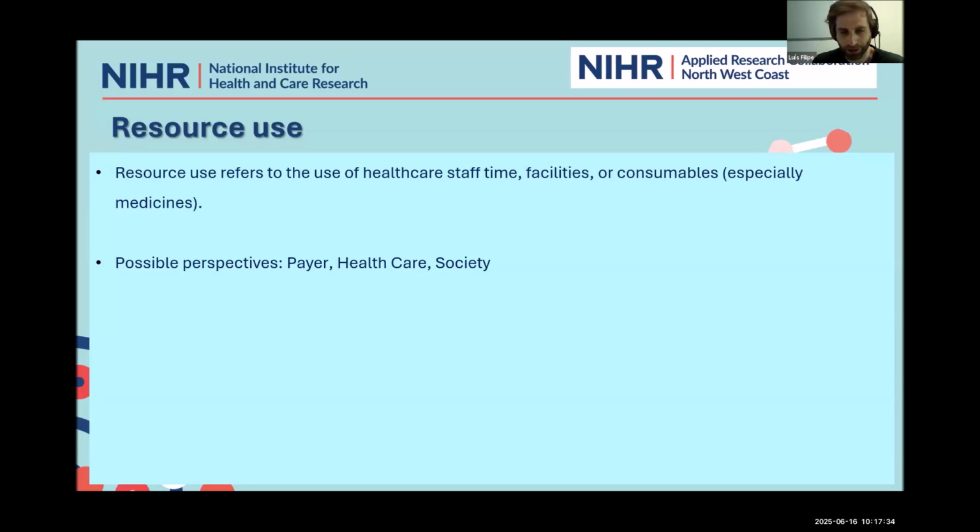The only thing you need to think about is for whom you are doing the economic evaluation, and you just need to put yourself in their shoes, and try to understand what they need to pay, what type of resources they are going to pay for.